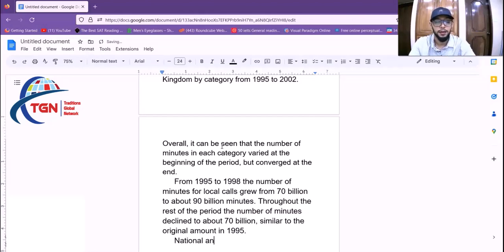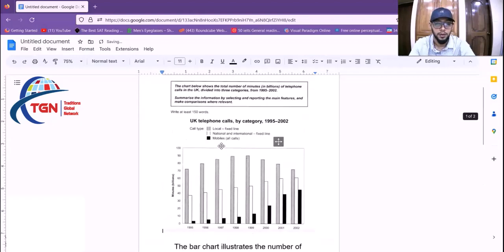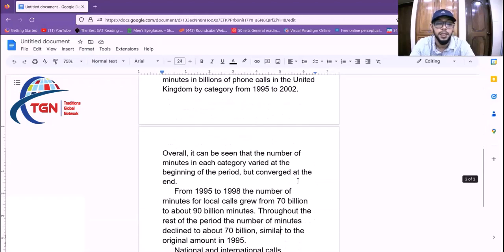National and international calls started at, let's say, 35 billion minutes and grew steadily until 2002 with a little under 60 billion minutes. Okay.